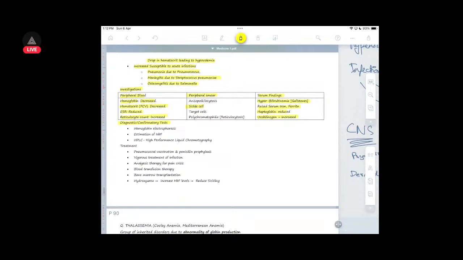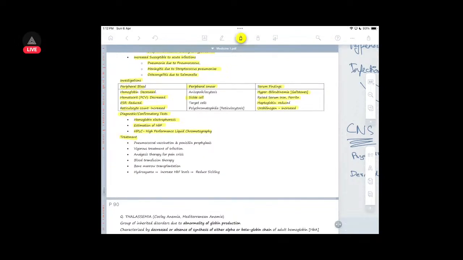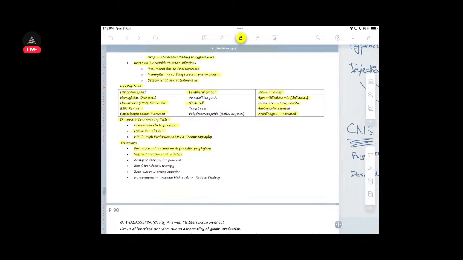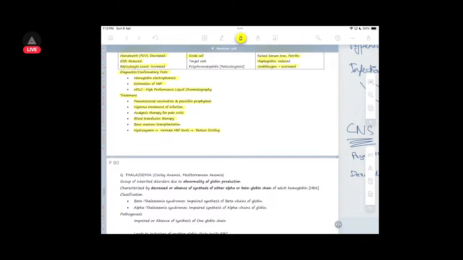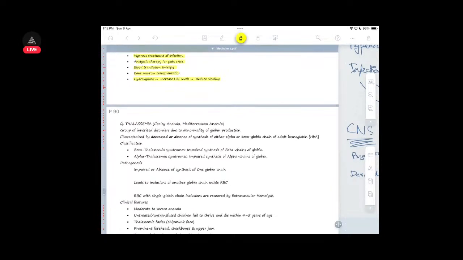Okay, diagnostic or confirmatory tests: obviously HPLC, high performance liquid chromatography is the main thing, hemoglobin electrophoresis, estimation of HbF. Then treatment: you can give pneumococcal vaccination and prophylaxis, rigorous treatment of infection, analgesic therapy for crisis, blood transfusion therapy, bone marrow transplantation, and hydroxyurea, which increases the fetal hemoglobin level and reduces sickling.